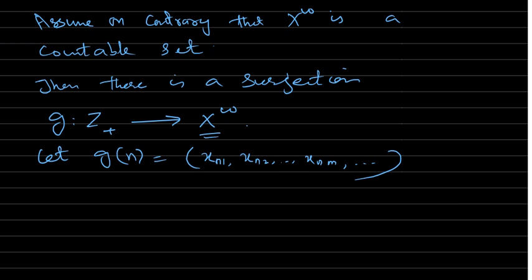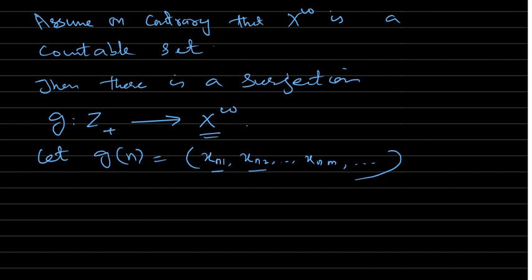So if this is countable, then I must have a surjection from Z plus to X power omega. If it is a surjection, then every element must have a pre-image, but I will construct an element in X power omega which does not have a pre-image in Z plus under this map g. So how will I denote that element? Now these members here, x1, x2, x is which set?